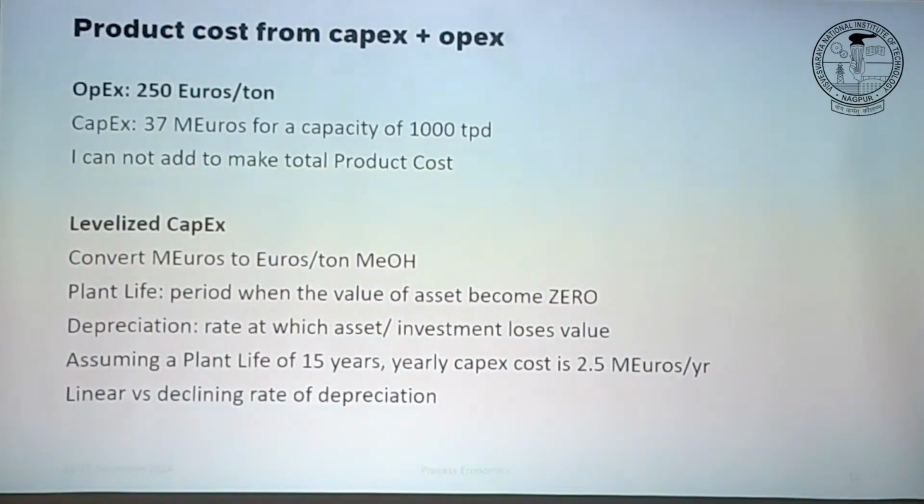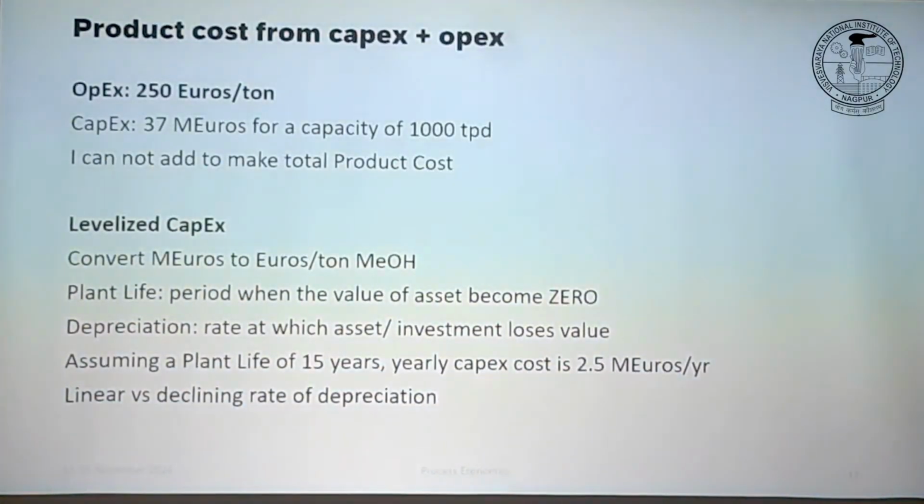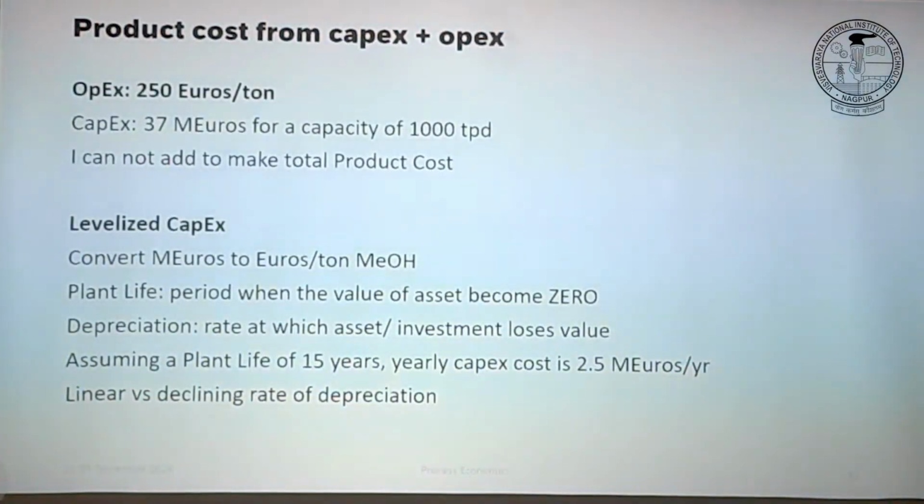Now how do we combine capex and opex? The plant you buy always has a life, like everything else. A car you buy has a life, maybe 10 years, 15 years, 20 years. Each product has a lifetime. That means the money you spend, for example this 37 million euro, the value of this plant will become zero at a certain time, and that's called plant life.